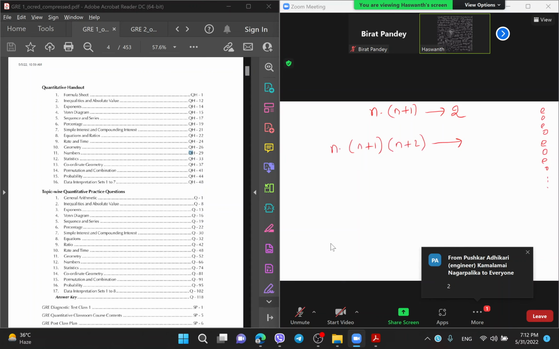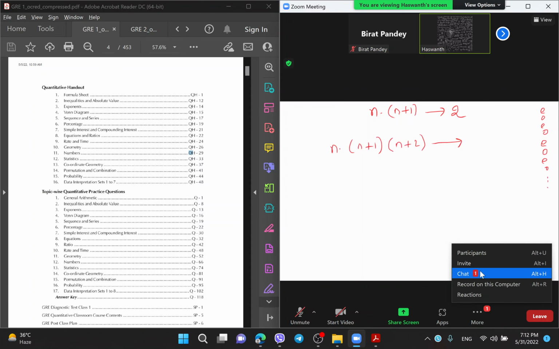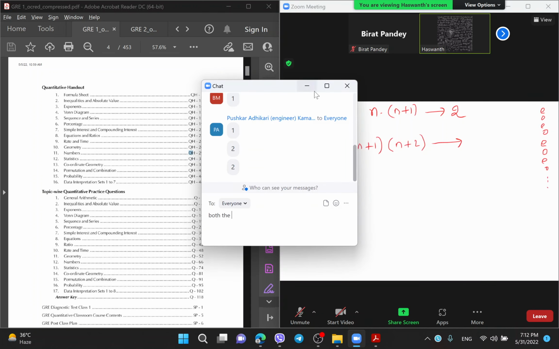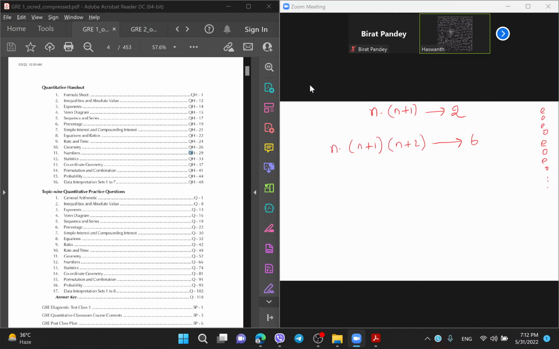Three consecutive integers will also be divisible by 2. Some other higher number which will cover all the possibilities, or which will cover all the numbers that will divide this. It will be 6. Product of three consecutive integers will be divisible by 6.